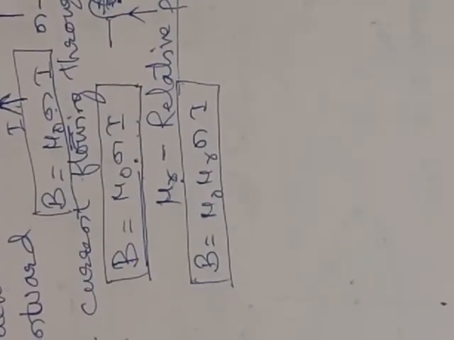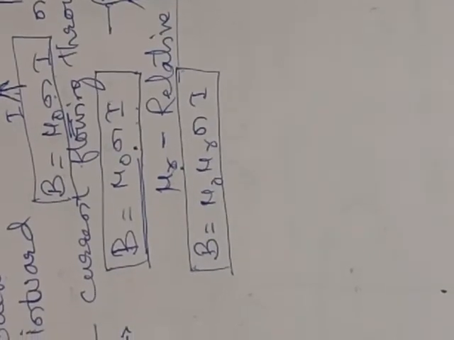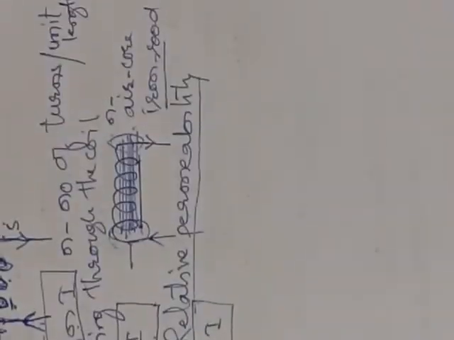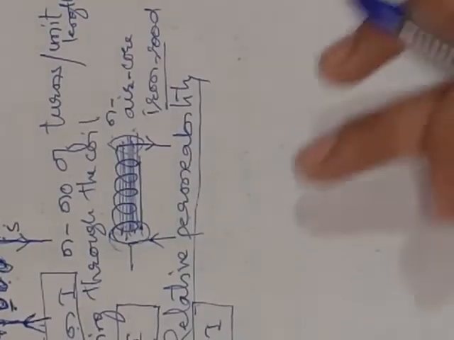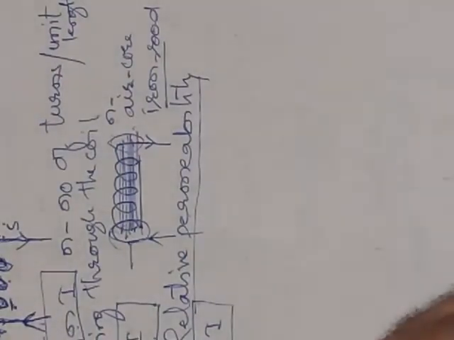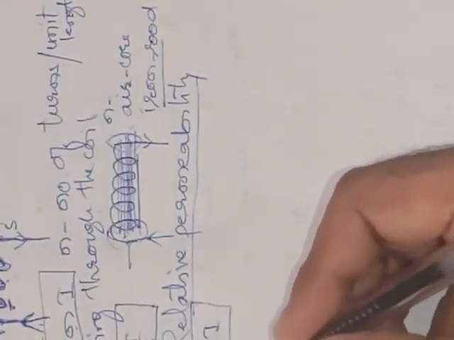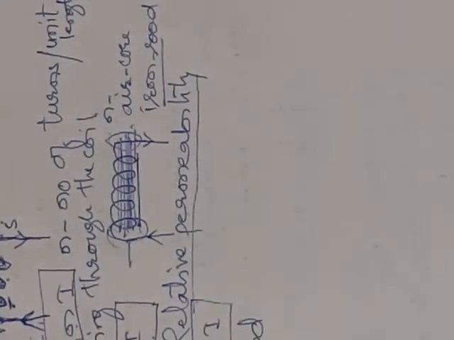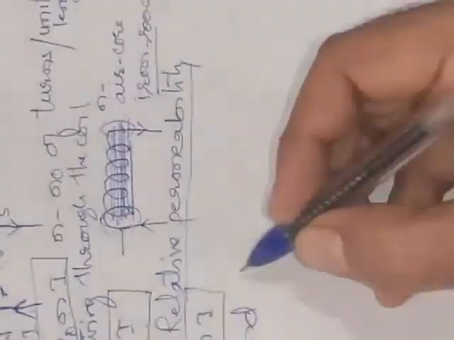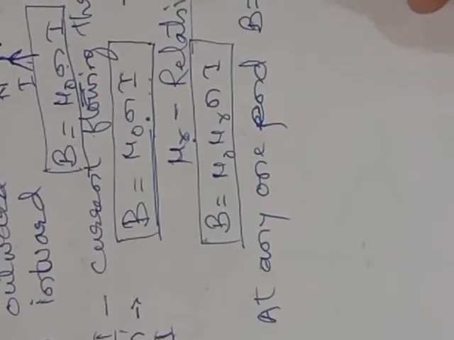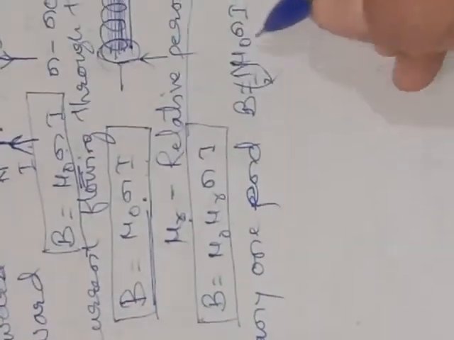If somebody asks what is the magnetic field at the center and at the ends of the coil of the solenoid, if this is the solenoid, this is one end, this is another end, then the magnetic field due to the solenoid at any one end is given by B is equal to mu naught N I by 2.